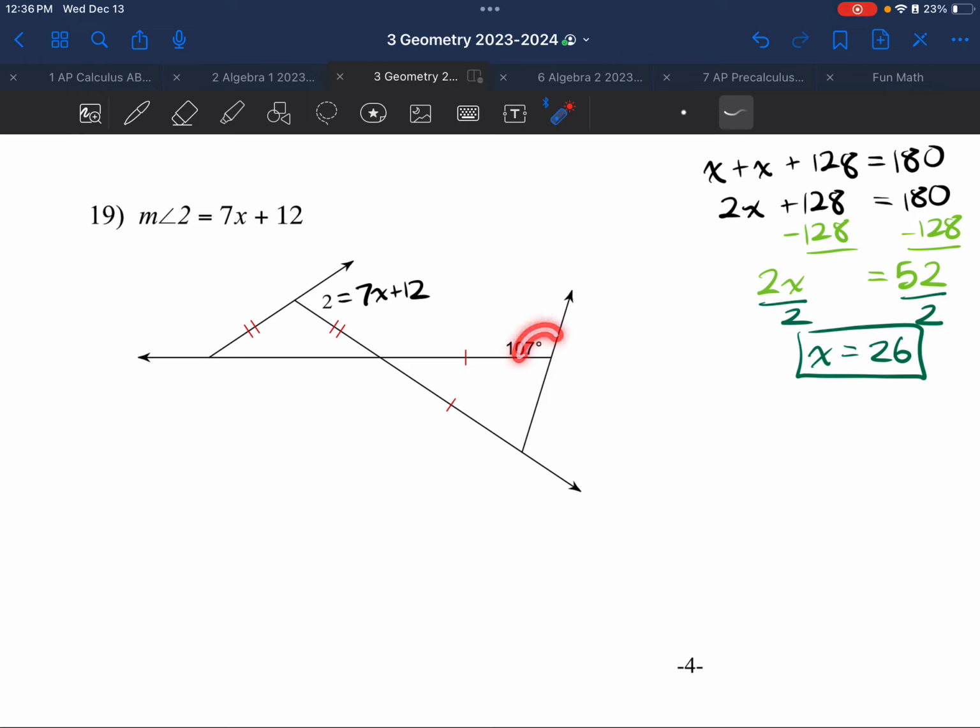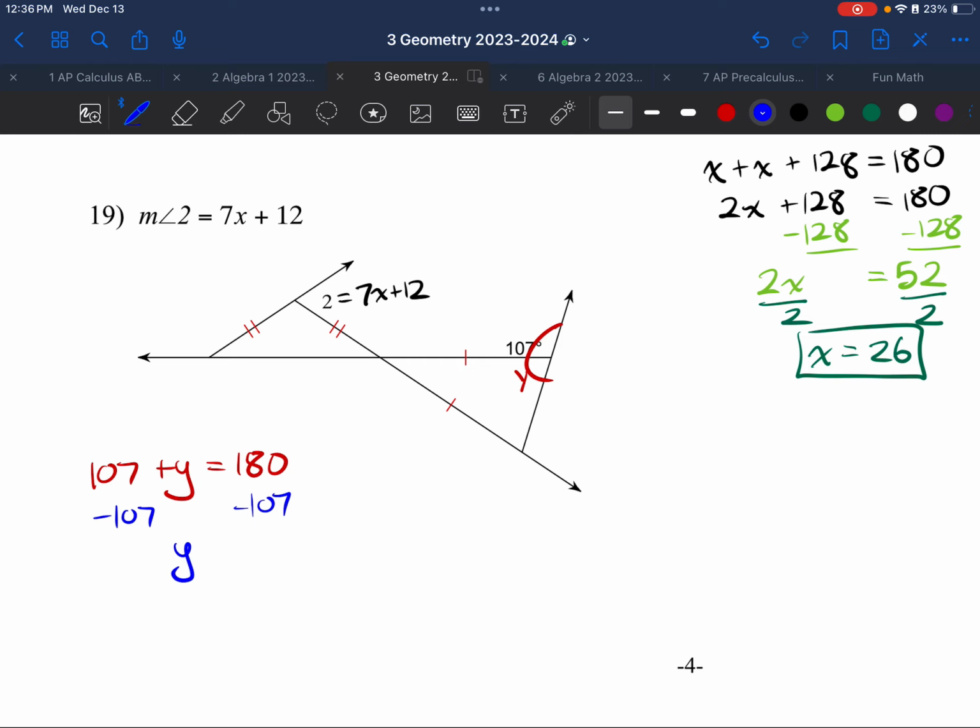If this angle is 107, then I can use the fact that there is a line right here to say that, we'll temporarily call this angle y, that 107 plus y add up to 180 degrees, because that defines a line. From here, I can subtract 107, and y is equal to 73. So I know that this is equal to 73.